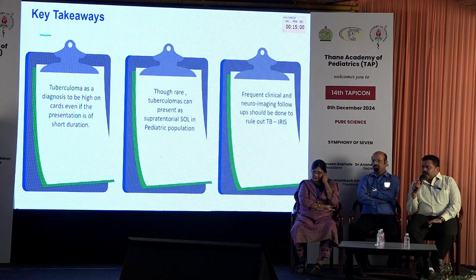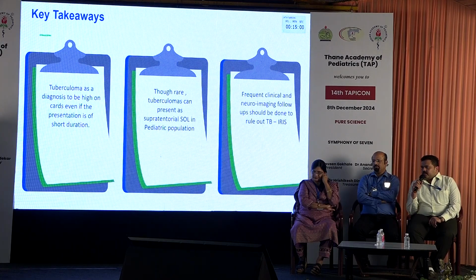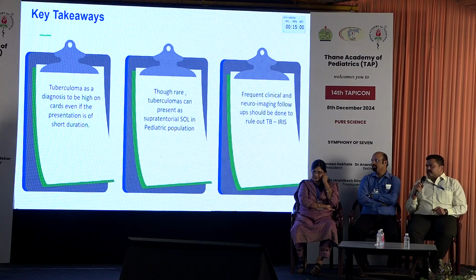It can be part of IRIS, but if we are getting spinal cord signs, which I mentioned in the previous case, then maybe we will have to go with the spine. Secondly, arachnoiditis is known with paradoxical TB reaction. So if you are thinking of IRIS, then you screen the spine. That is what I would do.